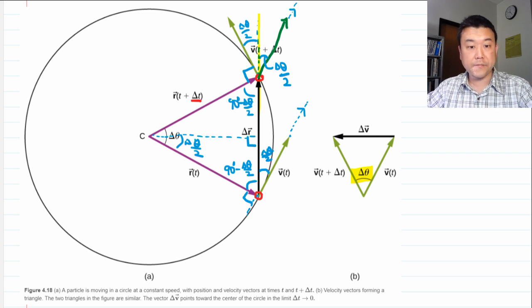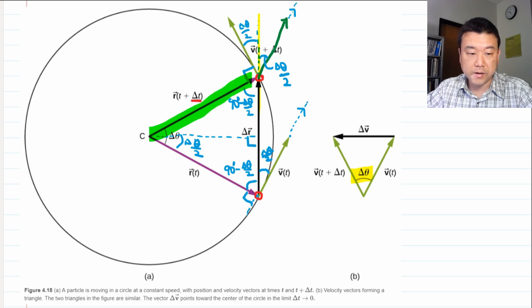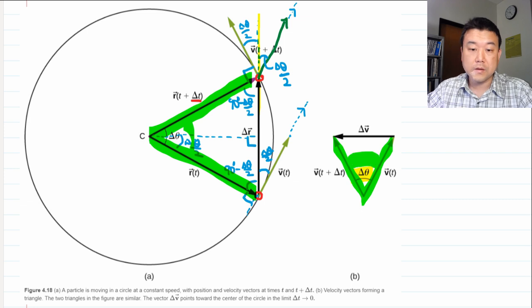Now, here's a fun thing. These two triangles are both isosceles triangles with the same angle between them, delta theta. So they are similar triangles.